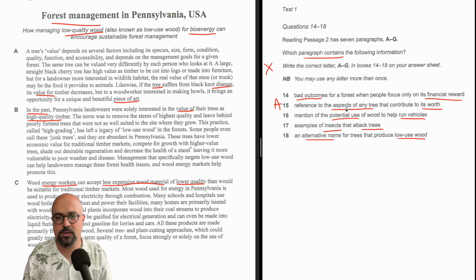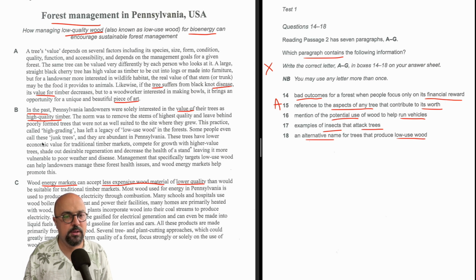We have financial reward, run vehicles, insects, and alternative name for trees that produce low-use wood. Poorly from this practice called high-grading at first.